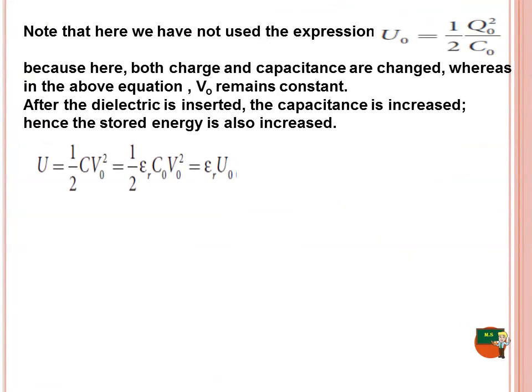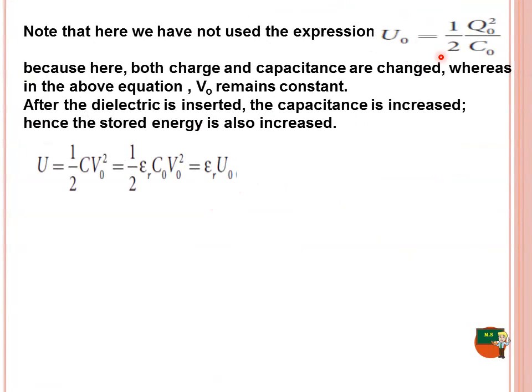All this information we know here. We have not used the expression U naught is equal to 1 by 2 Q naught square divided by C naught, the expression for the energy stored in the capacitor.